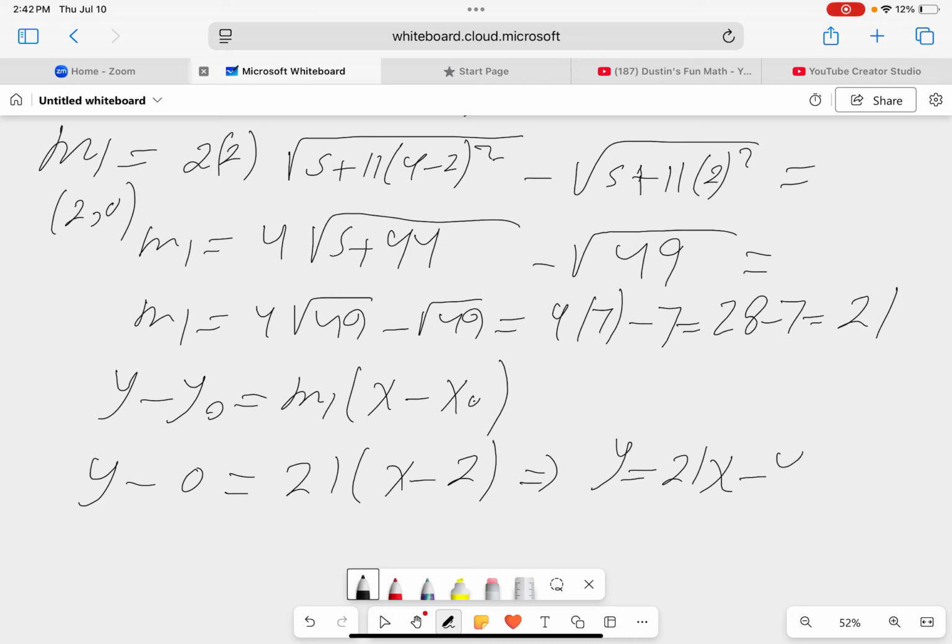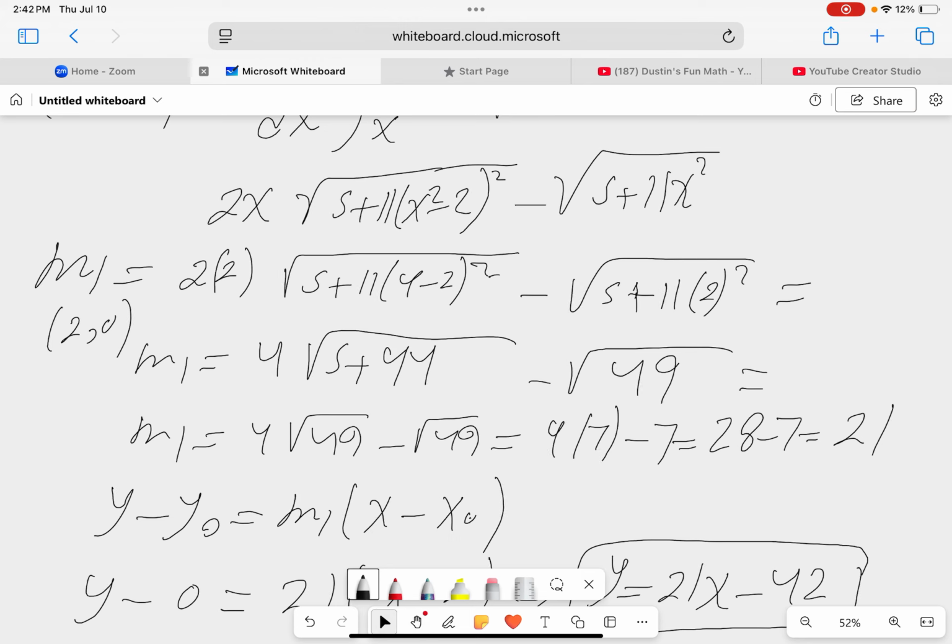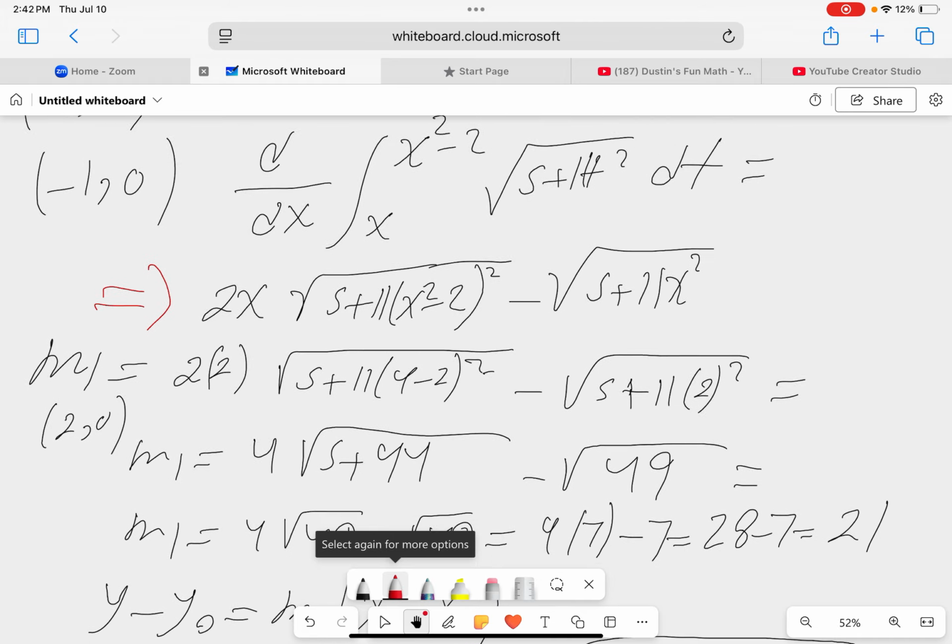So we need the second one. So the second one is going to be similar to what we did here. We already took, as you see, the derivative of the integration.